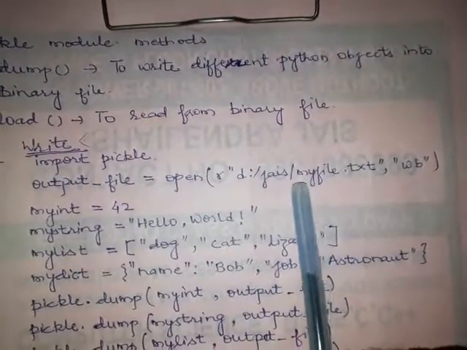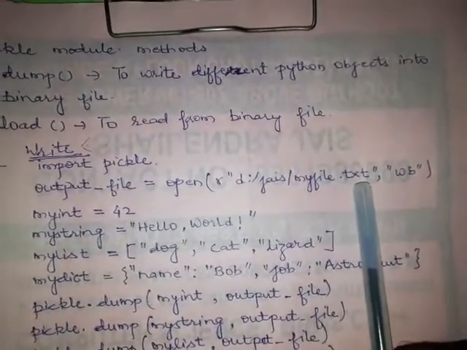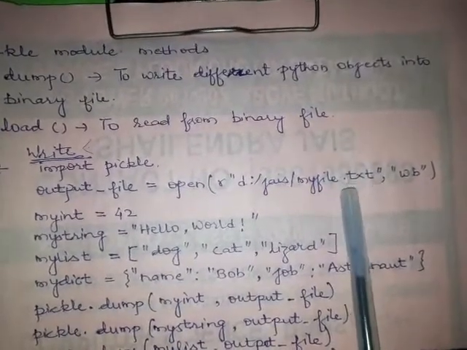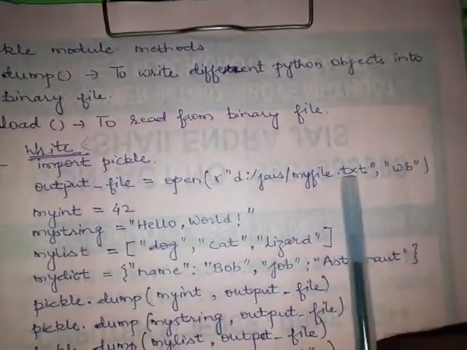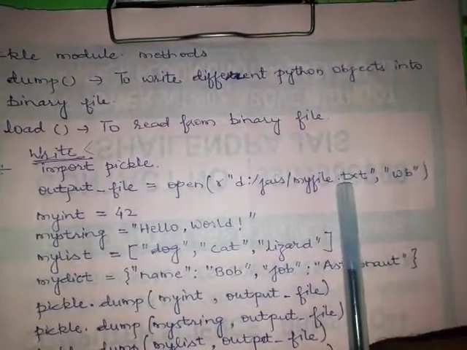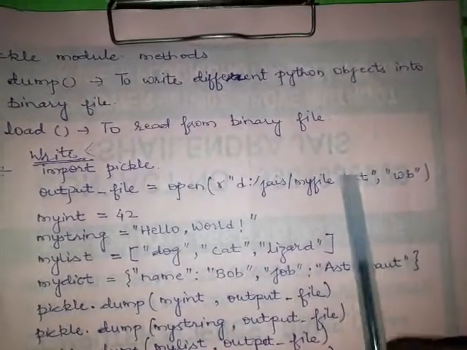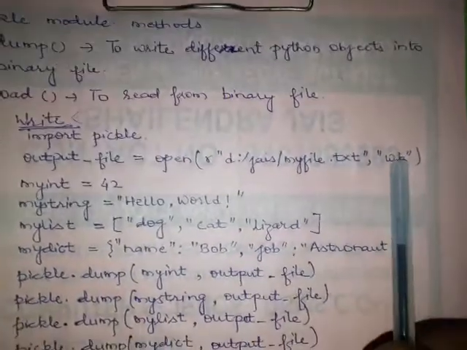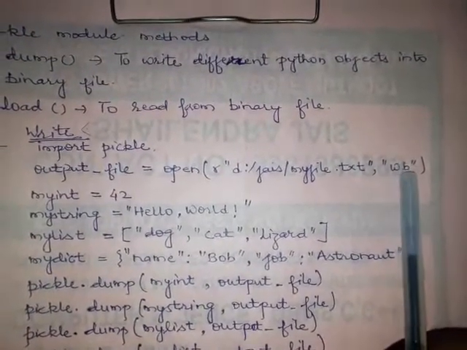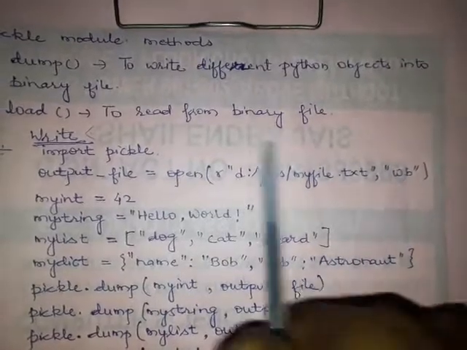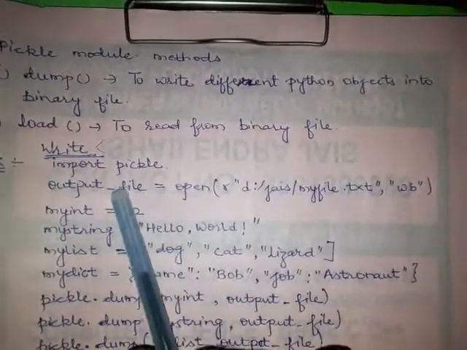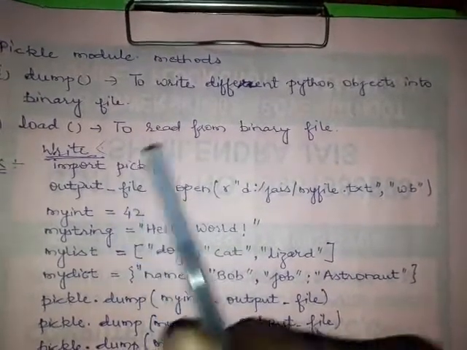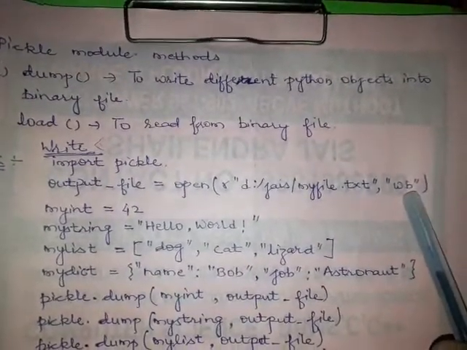My file name is myfile.txt. In the last program I used .bin, and now I have used .txt. It doesn't matter what you write here, .txt, .bin, .dat. The important thing is this, write binary. So this is the syntax for initializing a file pointer in the case of a binary file when you write.